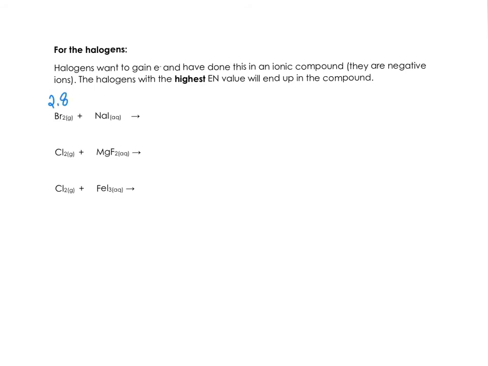Iodine is 2.5. This time I circle the highest value because we're doing halogens. That highest value wants to be in the compound. So because the highest value is currently with the element and not in the compound, this reaction will go, the bromine will bump out the iodine.